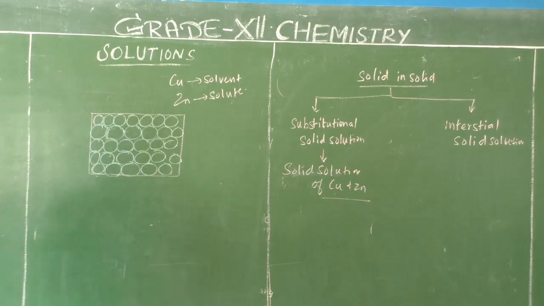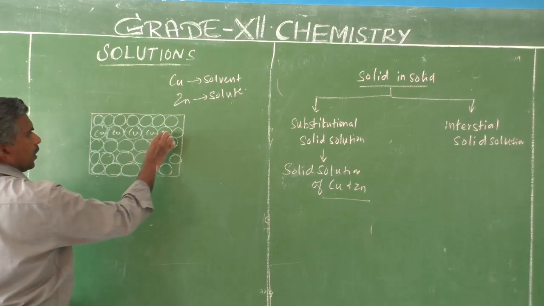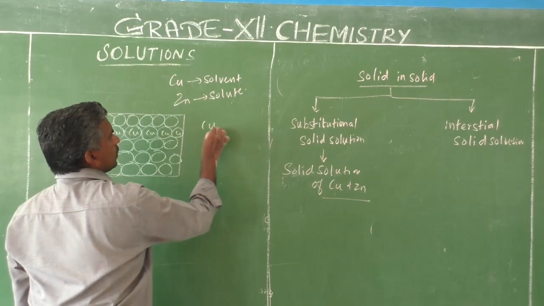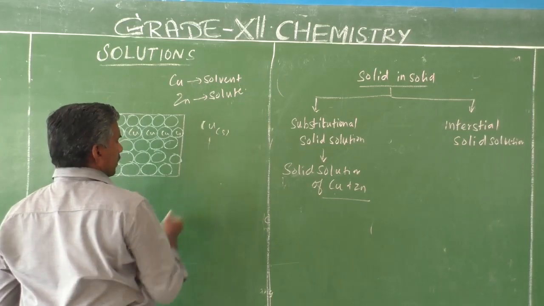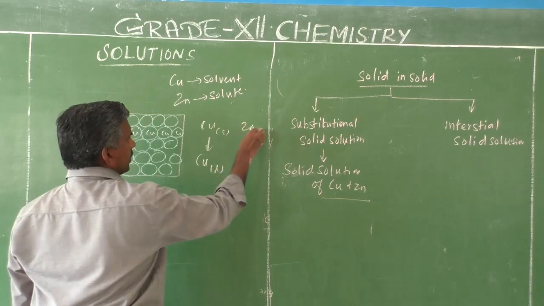Now, the copper is in solid state. On heating it becomes a liquid state. Zinc is in solid state.